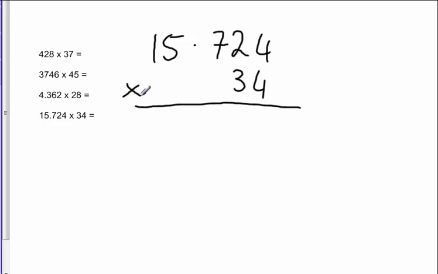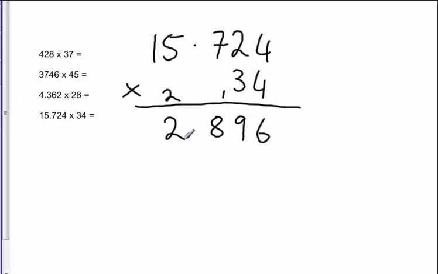And again, what we need to do is multiply 15.724 by 4, and then multiply it by 3, but that 3 is a 30. So I'm going to start again by multiplying by 4. So 4 4s are 16, put in my 6 and carry my 1. 4 2s are 8, plus the 1 I carried across is 9. 4 7s are 28, put in my 8 and carry across my 2. 4 5s are 20, plus the 2 I carried across is 22.